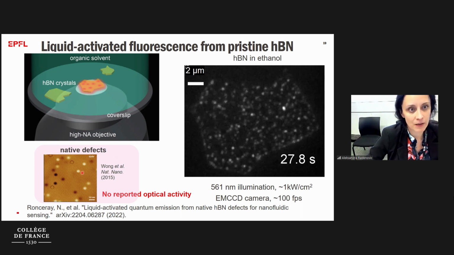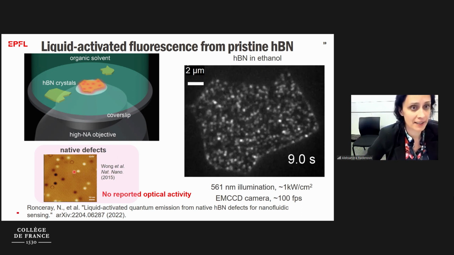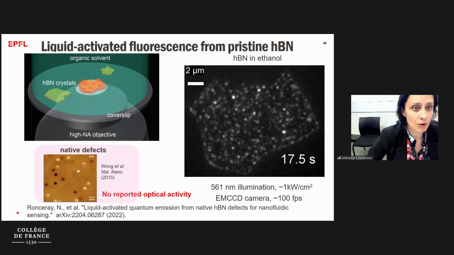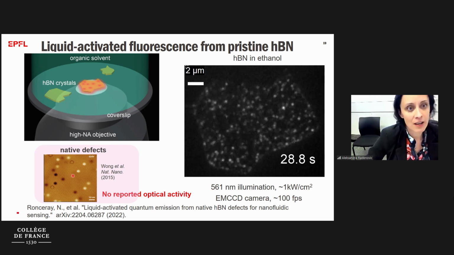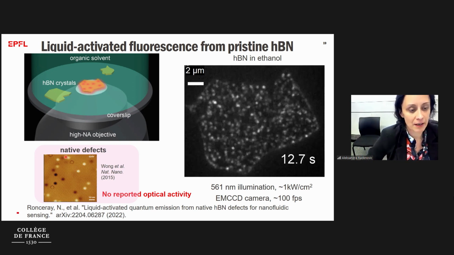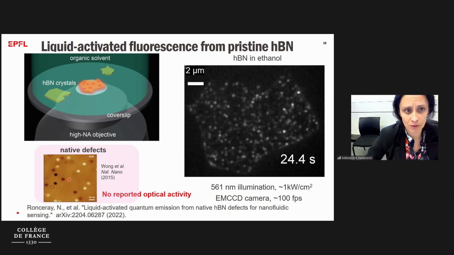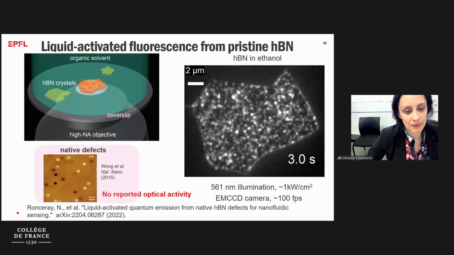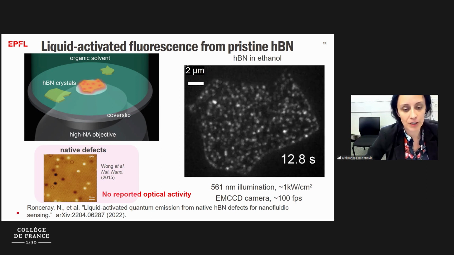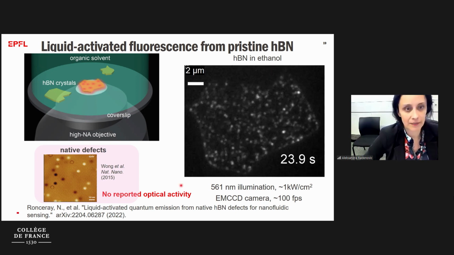In this case, to obtain scanning tunneling microscopy images, on top of the hexagonal boron nitride we have a graphene layer, but they are present here and also quite abundant. But nobody reported any optical activity.